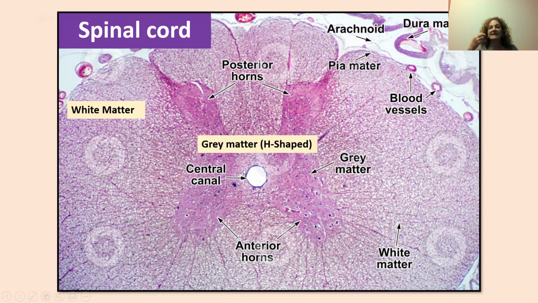That is where the ependymal cells will be located, the ones that are responsible for laying down the spinal fluid. Here on the outside, you're going to have the white matter, recognized very easily by its white appearance due to its rich myelin on the axons. Again, no neuronal bodies, but very nicely myelinated axons here in the white matter.